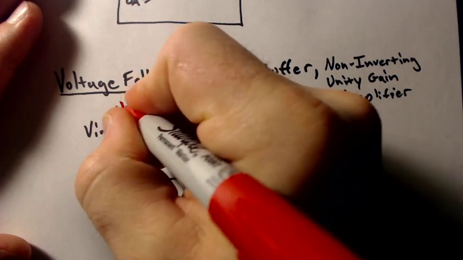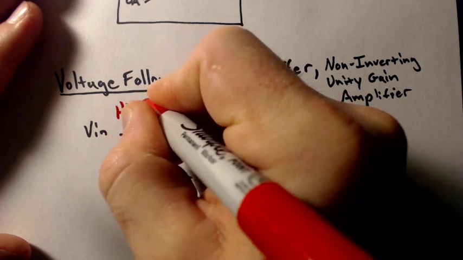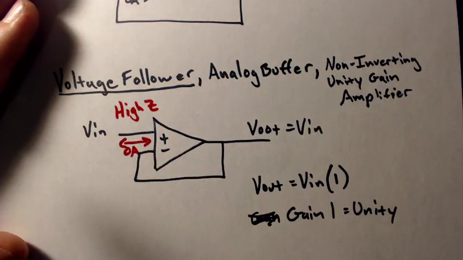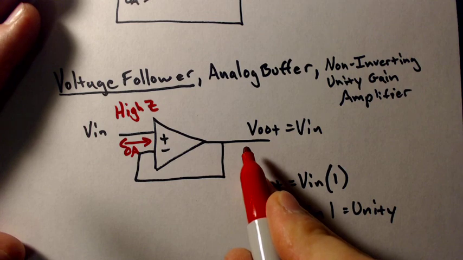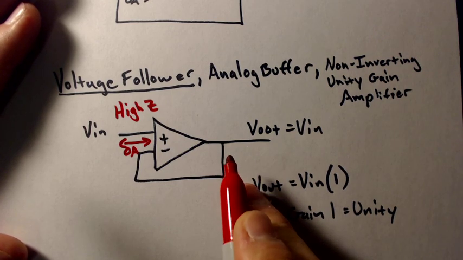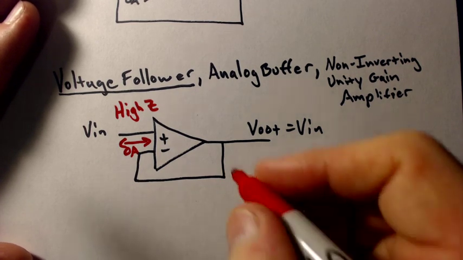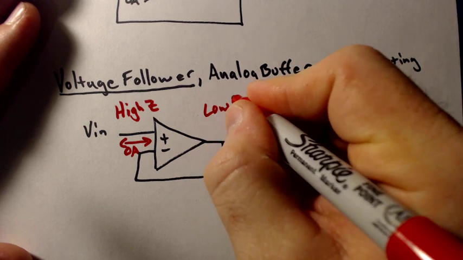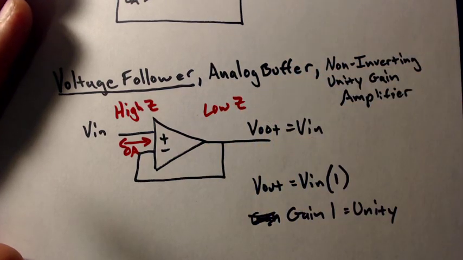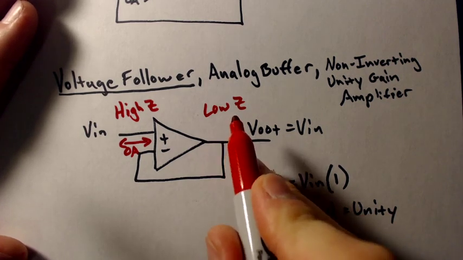We call that high Z. And our output, well, our output is not high Z. Our output is actually low Z. If you go back to that lecture, I told you that was going to be so important. Low impedance.